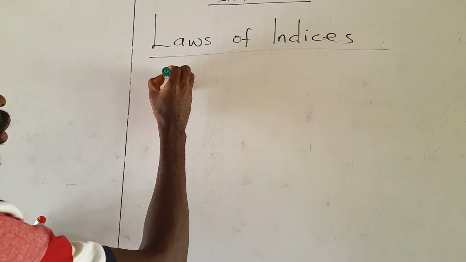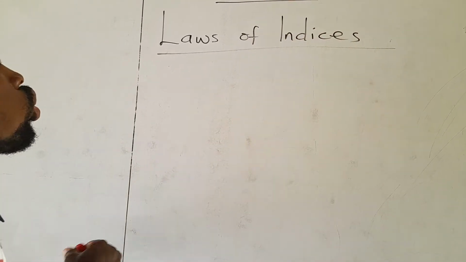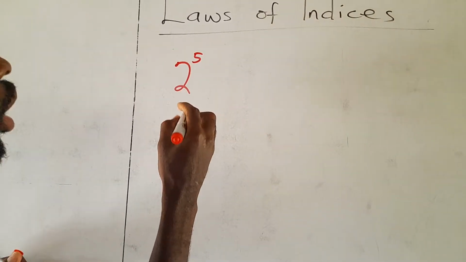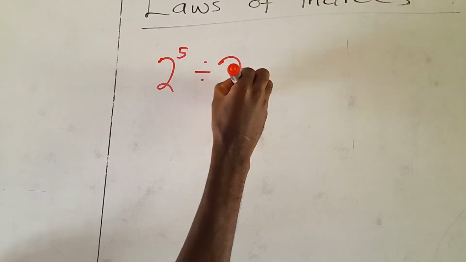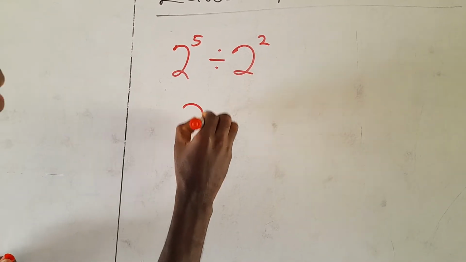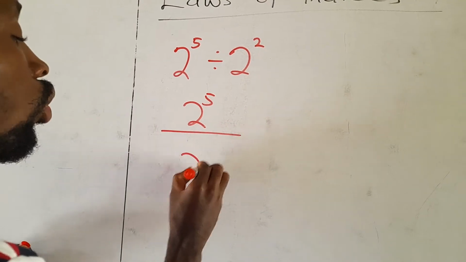So if we have 2 exponent 5 divided by 2 exponent 2, which we can rewrite as 2 exponent 5 over 2 exponent 2.